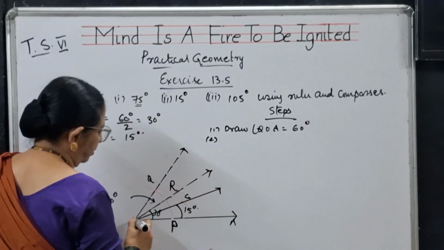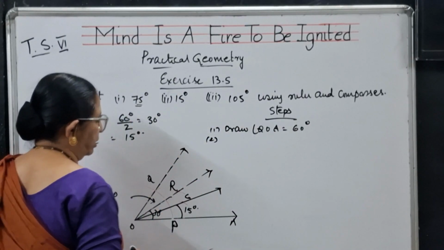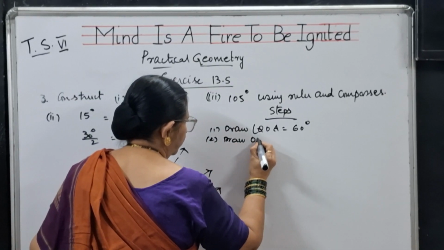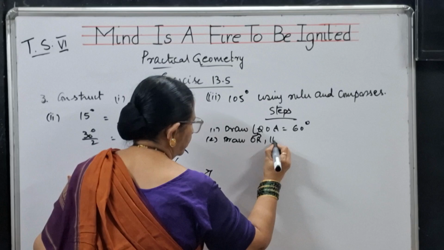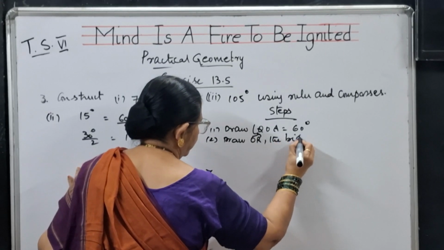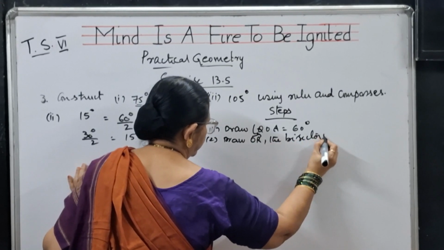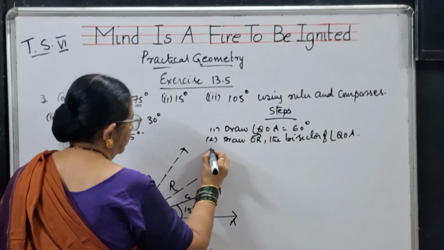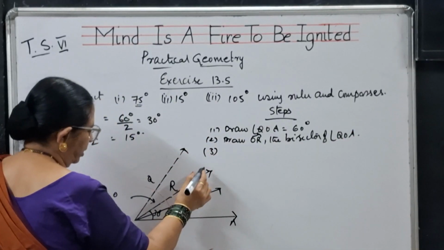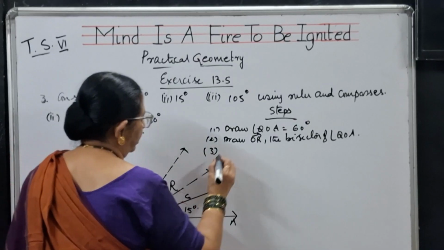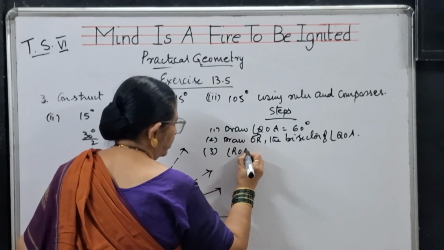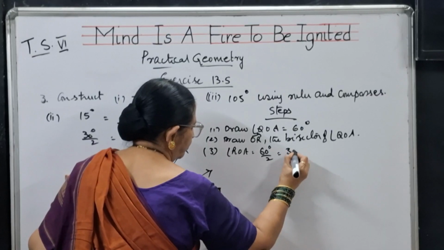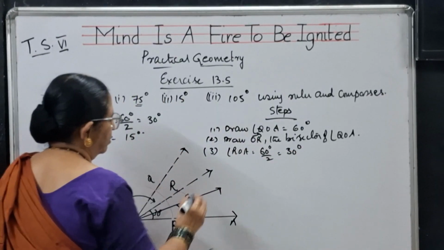And second one, draw OR, the bisector of angle QOA. So when you bisect, what is angle ROA? Angle ROA is equal to 60 degrees by 2, that is 30 degrees.